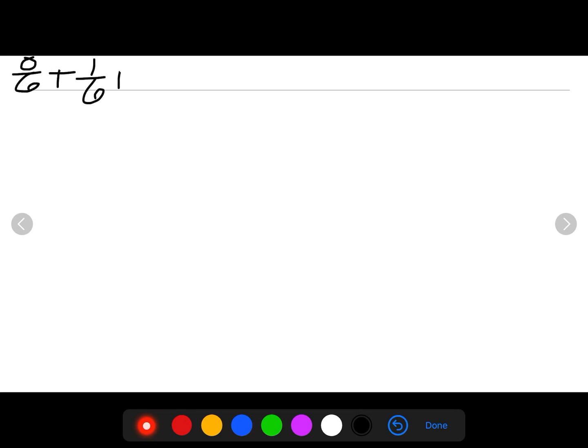Let's go ahead and look at my first problem. I'm going to write the first problem on your screen. I want us to look at this problem together. 0/6 plus 1/6 plus 2/6 plus 6/6.